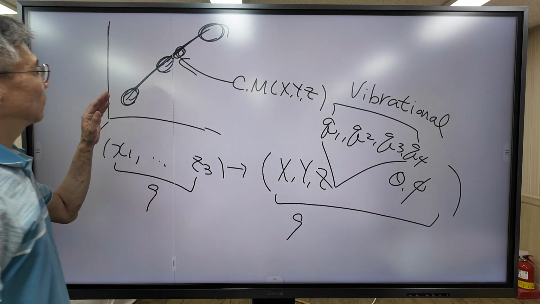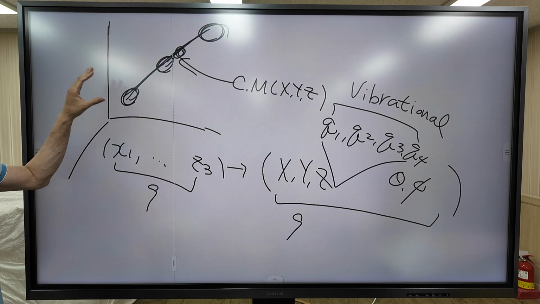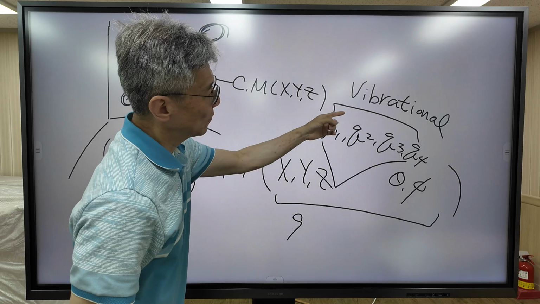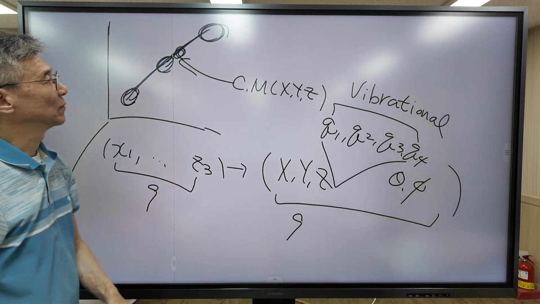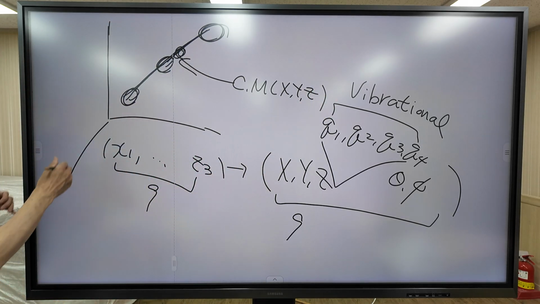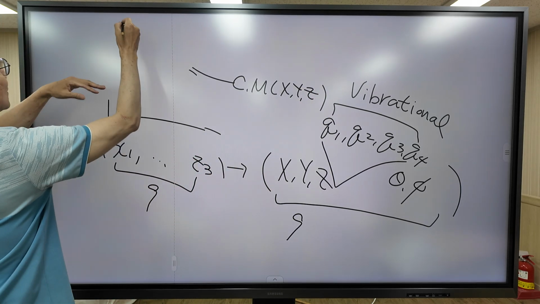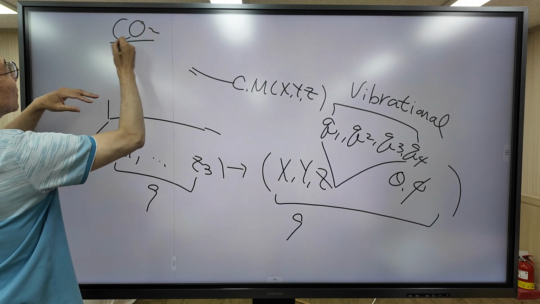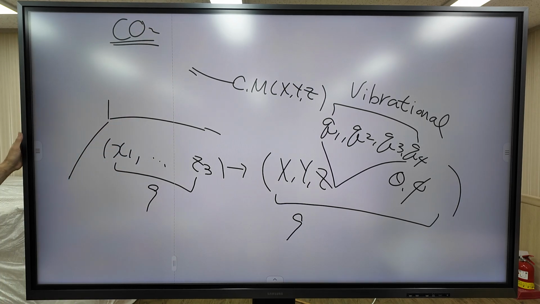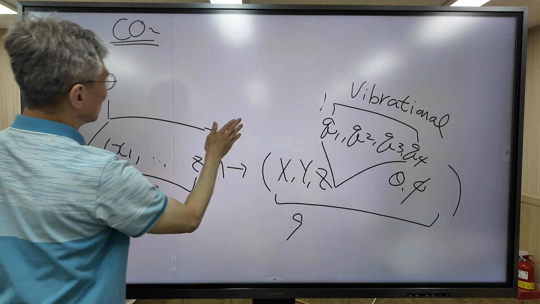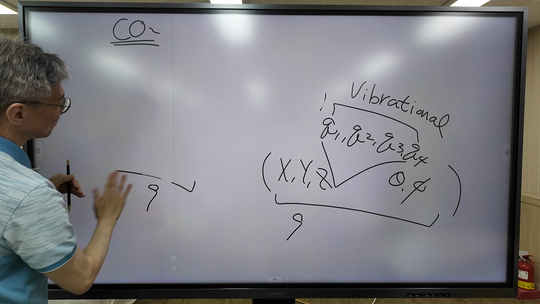So for a triatomic linear molecule, we have a total of 4 vibrational motions. You remember CO2 is a typical example of a triatomic linear molecule. You may remember the CO2 molecule has 3 types of vibrational motion. What are the vibrational motions of the CO2 molecule?